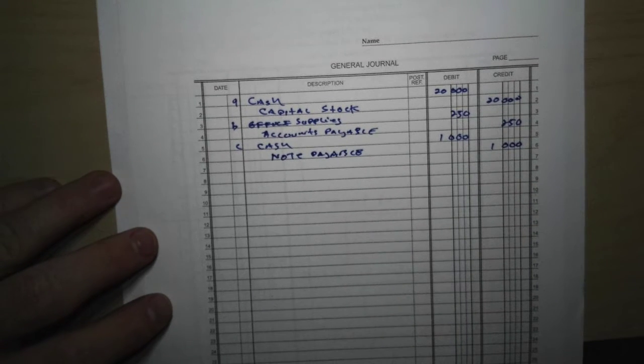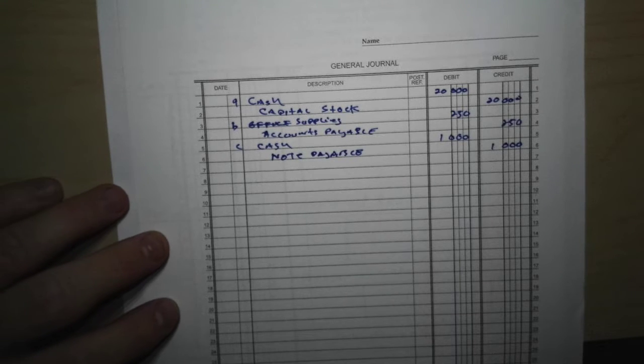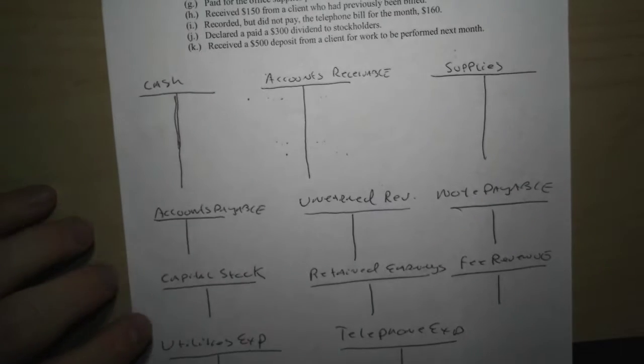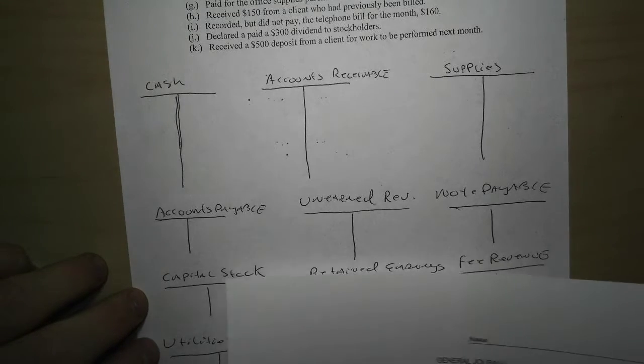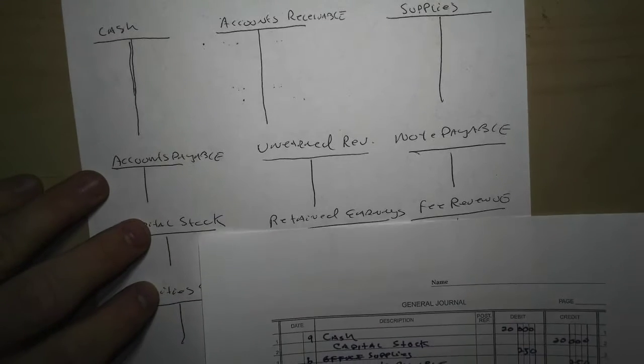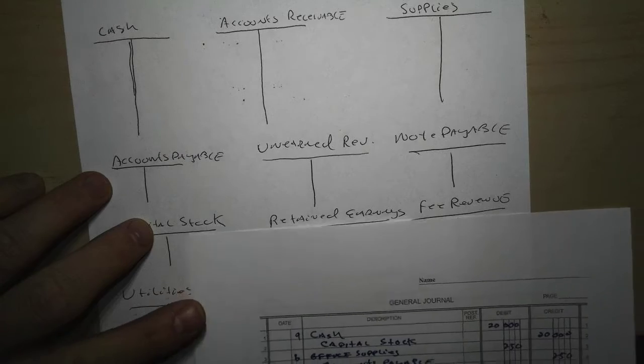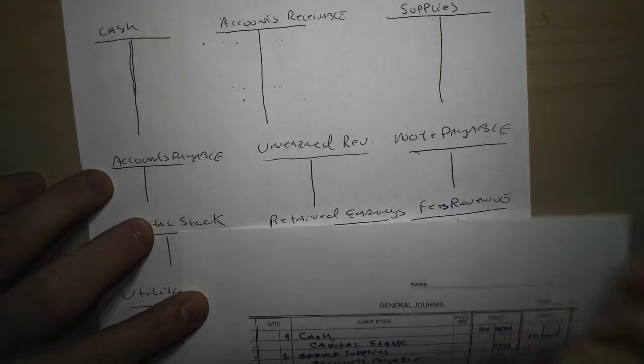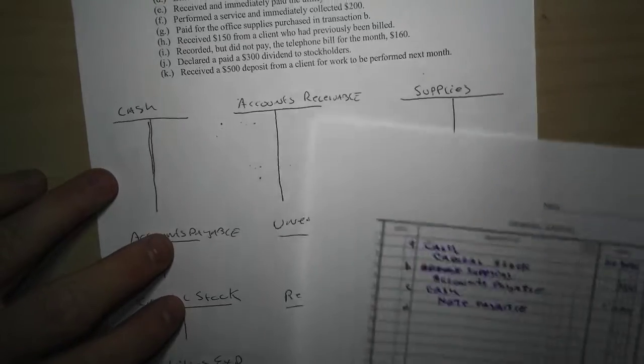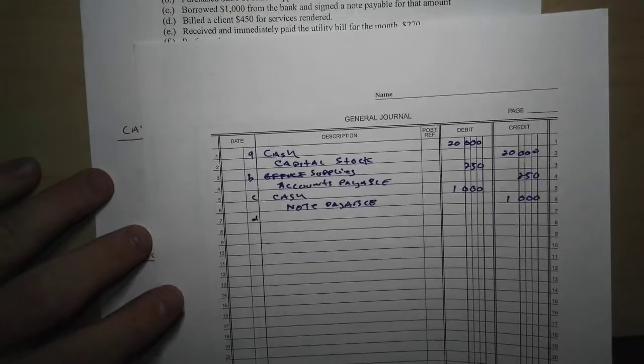Bill the client $450 for services rendered. So I did something for a client, which means I earned revenue. That's going to be our revenue account, fees revenue. I'm going to make that D. And remember, I'm not getting cash, I'm sending a bill.